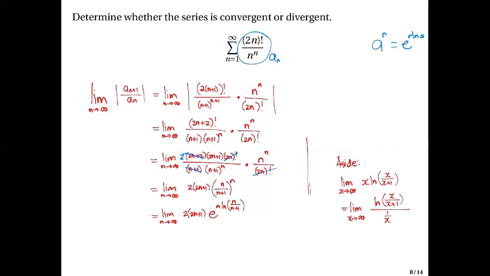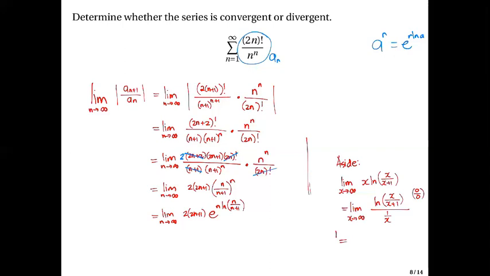So this becomes 0 over 0, and we can use L'Hopital's rule, and then see where this goes.